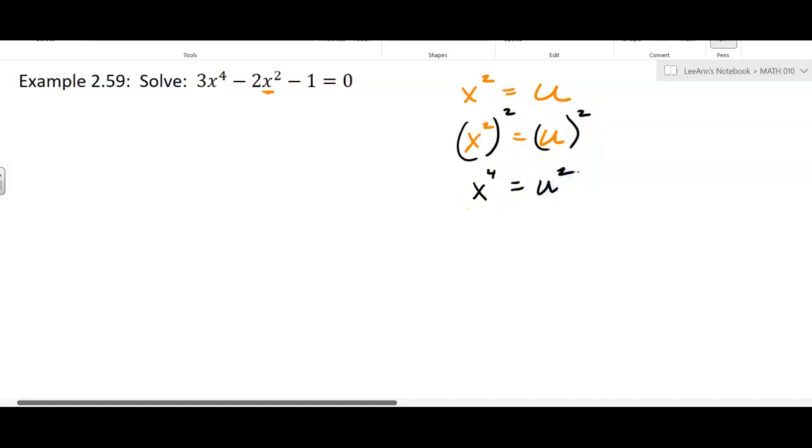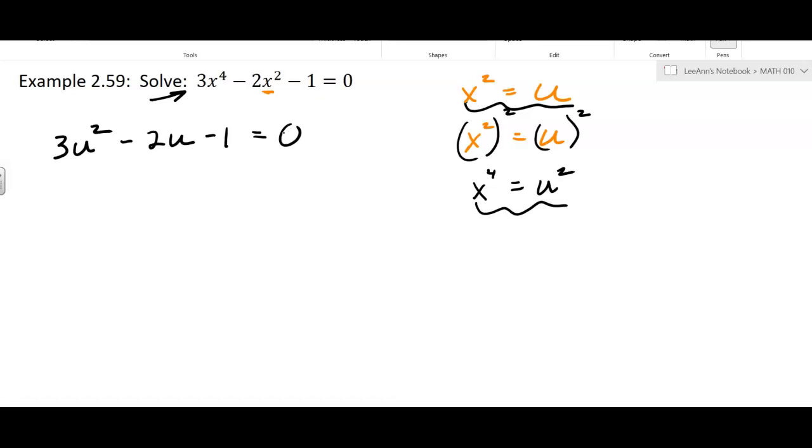So now I'm going to change this equation in terms of u. I'm going to have 3u squared, because the x to the 4th equals u squared, minus 2u, because the u equals x squared, minus 1 equals 0. Now that's a quadratic equation, and I can solve that with factoring or the quadratic formula or completing the square. I'm going to try factoring, so I need 2 numbers that multiply to be -3 and add to be -2, and those are going to be -3 and 1.